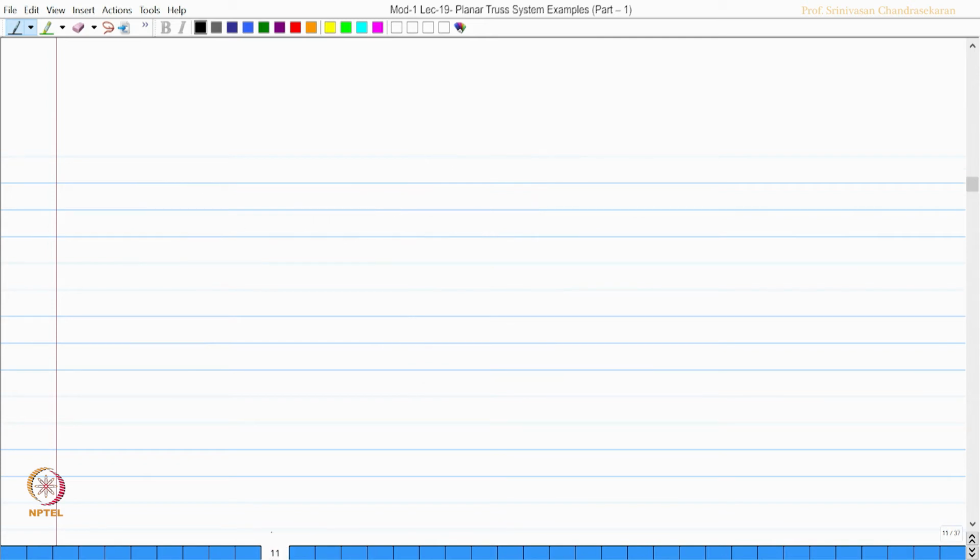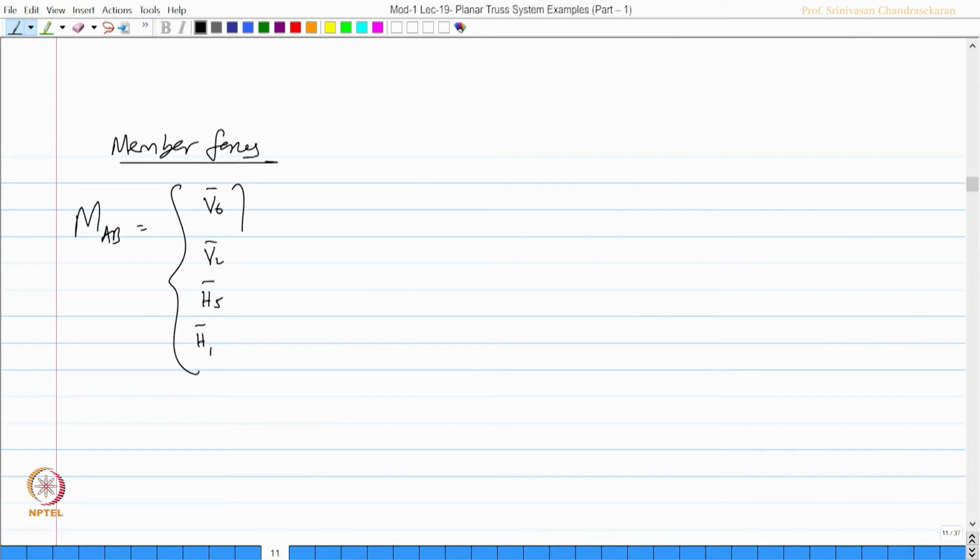Once I get this, I can always find the member forces in each member. So, for AB, let us say I want to find the member forces for AB, which will be V bar 6, V bar 2, H bar 5 and H bar 1, which will amount to minus 25.6509, plus 25.6509 and zeros.